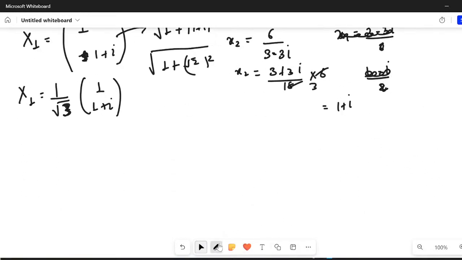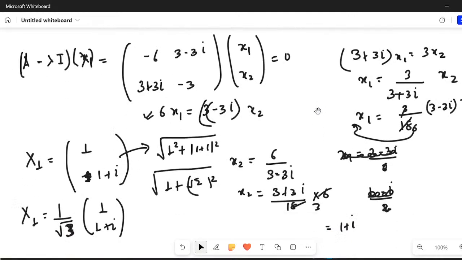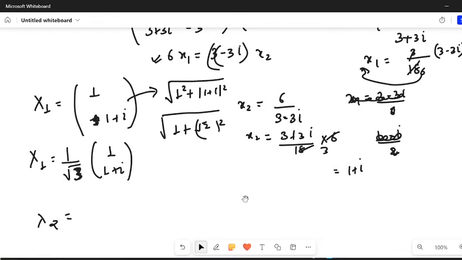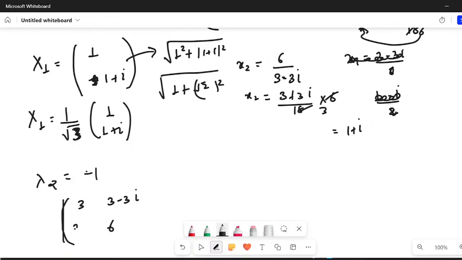And corresponding to another eigenvalue, which was minus of 1. So if I use minus of 1, what I'll get is 3 here, 6 here, 3 minus 3 iota here, 3 plus 3 iota here, and here you have x1 x2 equal to 0.